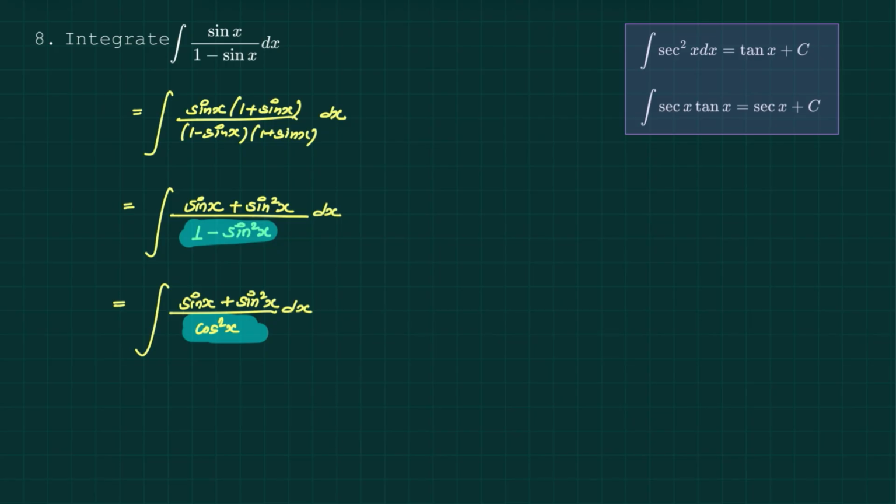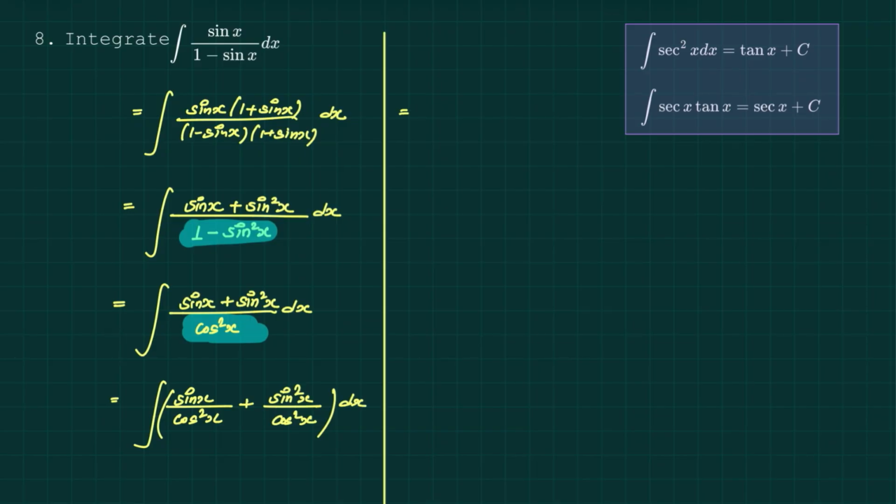Now let us separate the denominator, then we will have integration of sin x by cos square x plus sin square x by cos square x dx.